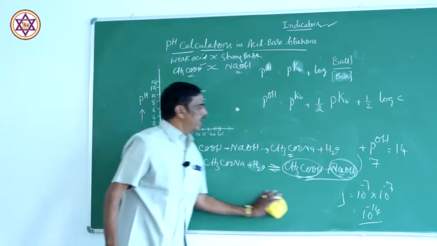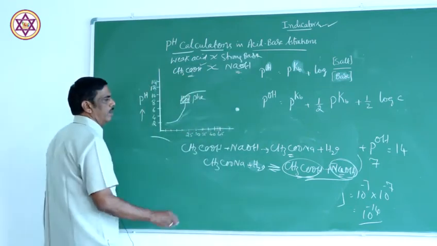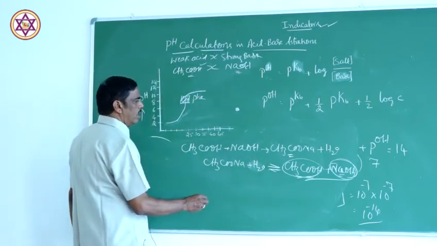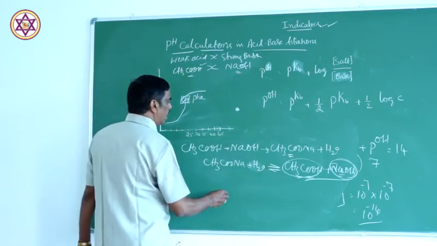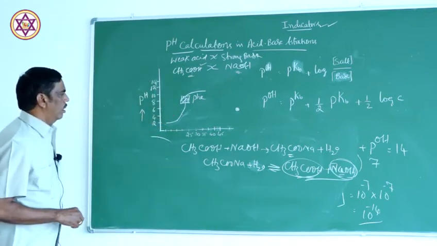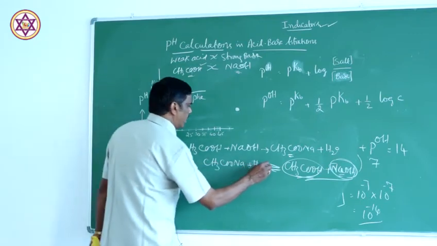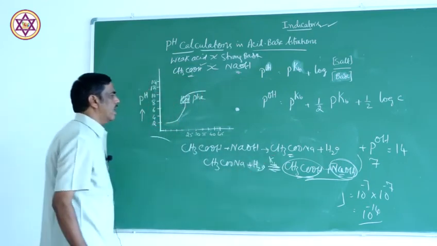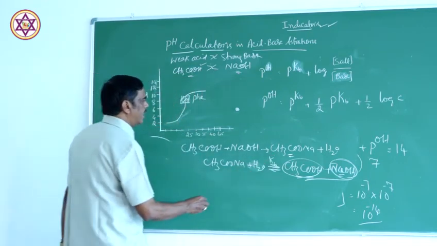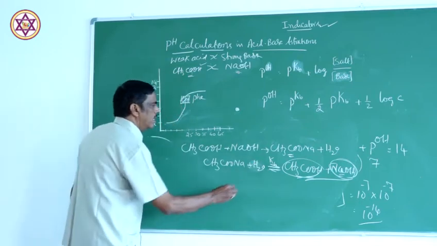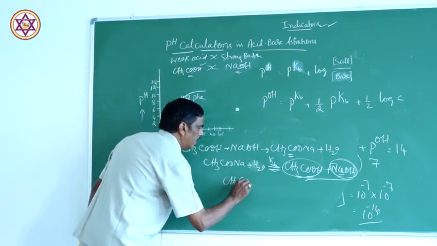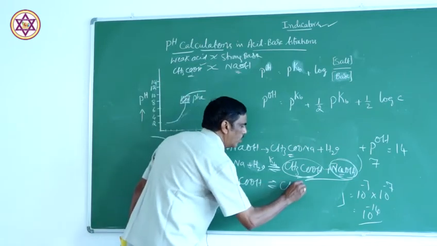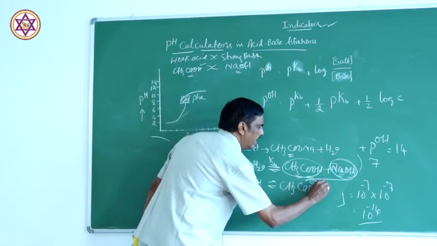And we can also calculate the pH of this reaction by using an equation. Now this is hydrolysis, Kh, the hydrolysis constant. Here acetic acid undergoes ionization. The acetic acid which is formed here ionizes to form CH3COO minus plus H plus.